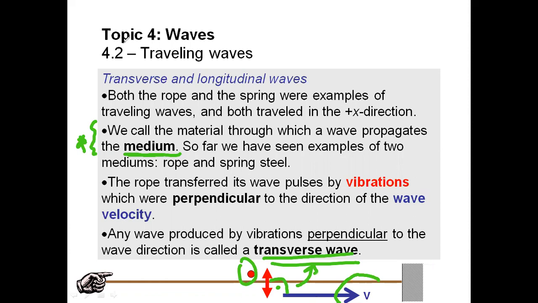Now let's go to the second definition, longitudinal wave. So we keep in our mind, transverse wave means the vibrations and direction of wave velocity are perpendicular to each other.